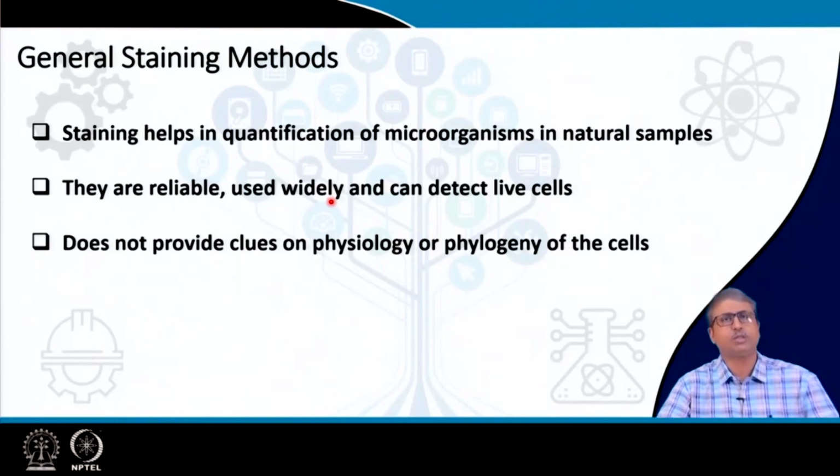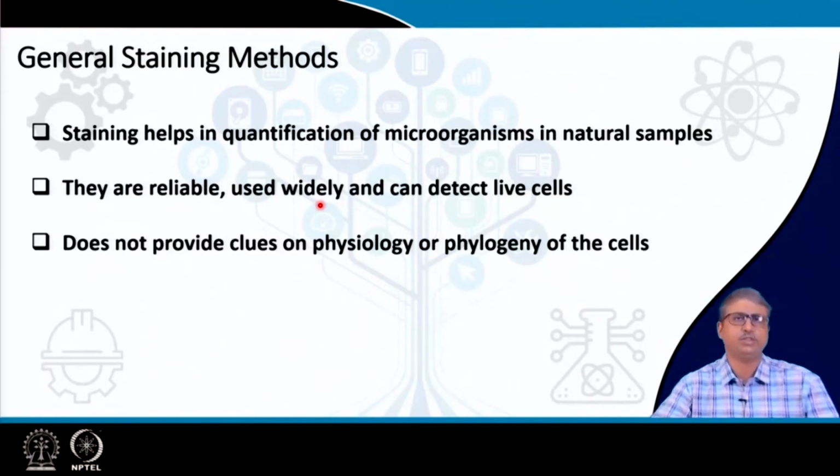So, it was not possible to discriminate whether the cells were dead or living, and in an environmental context it is very important to know whether cells are living or dead, because there may be dead cells and unnecessarily we will be counting them, particularly maybe for drinking water and many wastewater treatment systems. So, having cells and having live cells are not always equal.